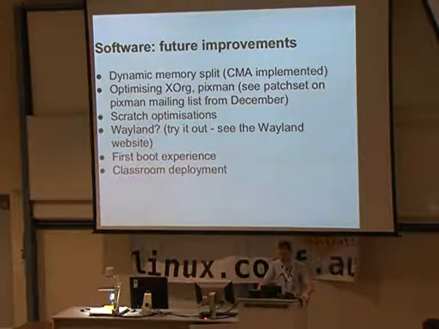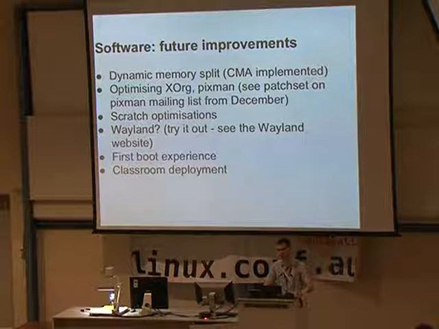Now in terms of Xorg, optimizing Xorg has been very public. It is very difficult, because we can look at optimizing Pixman, and it would be ideal if we could offload as much as possible to the GPU, given that with the Raspberry Pi's architecture we have a very powerful GPU, which is up there with the current generation SoCs in mobile phones, whereas the CPU is comparatively perhaps a little bit weedy.